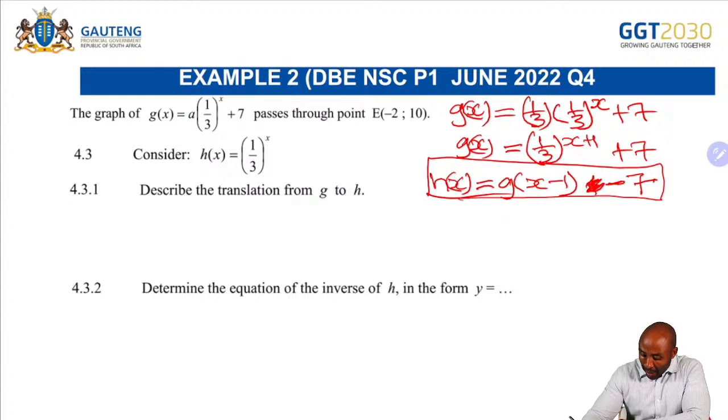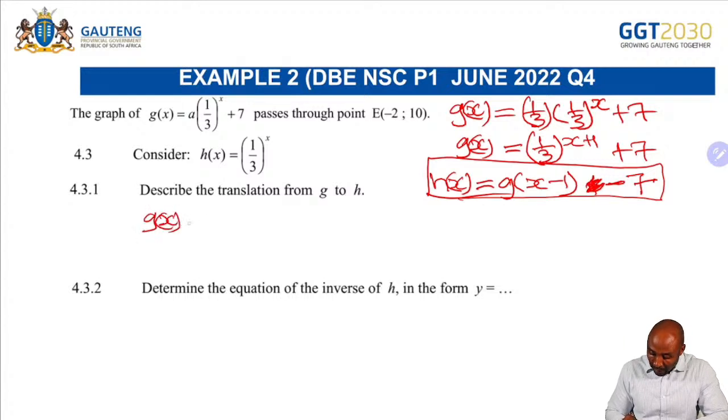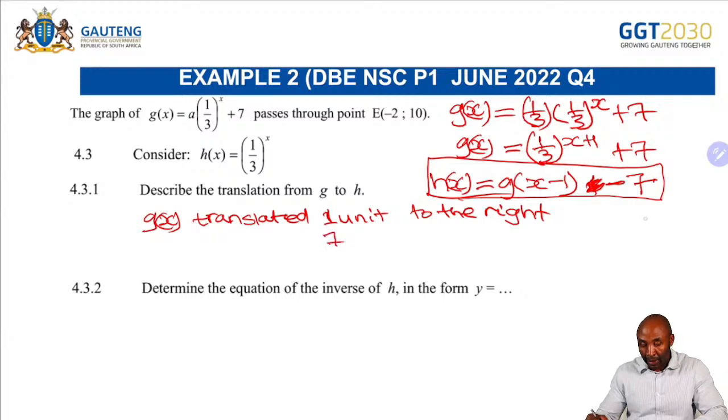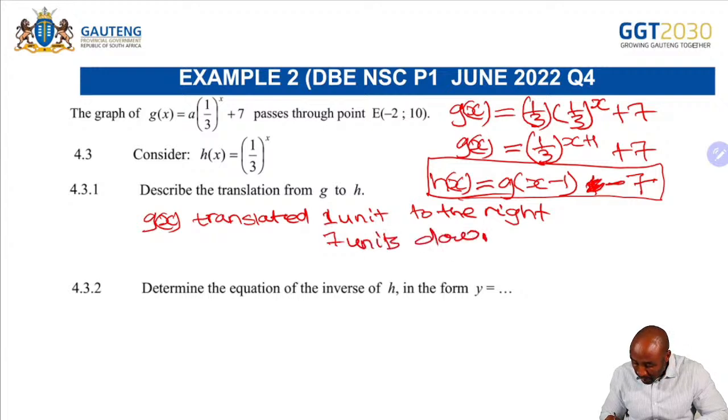So it means our g of x is translated 1 unit to the right, and for us to get 0, it's 7 minus 7, so it will be 7 units downwards.